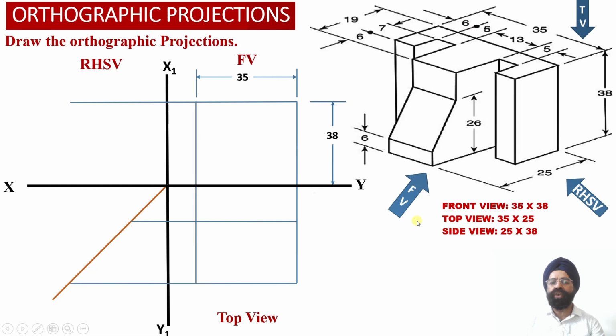Now when we look at the solid from the top, the width of the solid we have obtained as 35 millimeter, while the depth of the solid we know is equal to 25 millimeter.